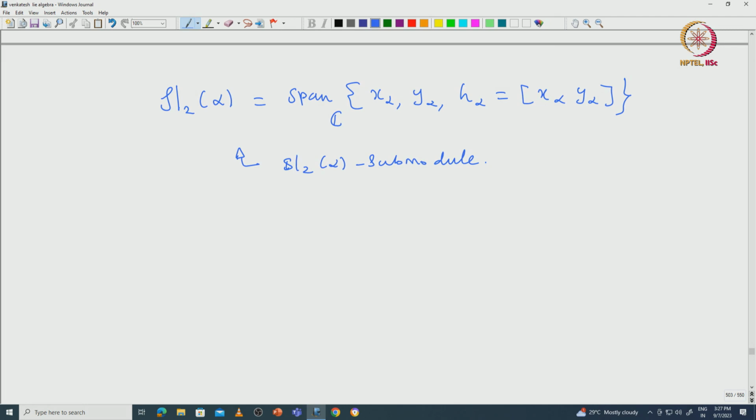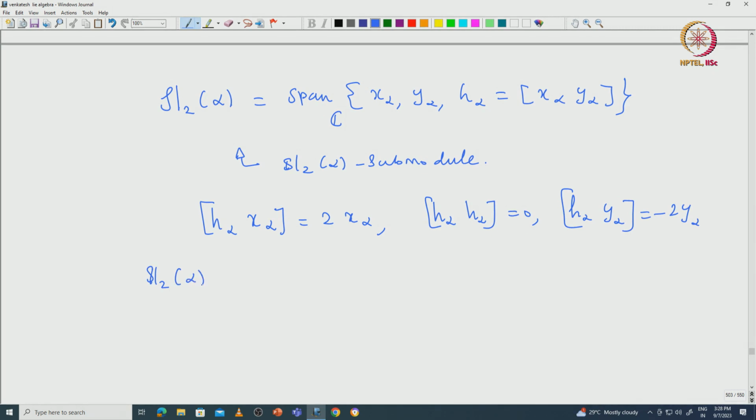Note that it is naturally isomorphic to the adjoint representation of SL2. In particular, if we compute the eigenvalues of H alpha, you can see that H alpha acts on x alpha as twice x alpha. Similarly, H alpha acts on H alpha by 0, and H alpha acts on y alpha by minus 2 y alpha. That means this SL2 of alpha as an SL2 of alpha module is naturally isomorphic to V of 2 as an SL2 module.